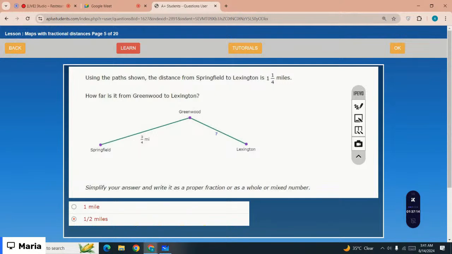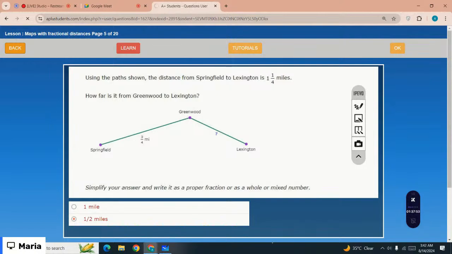So, we were working on grade 7 math, the chapter we were working on is operations with fractions.